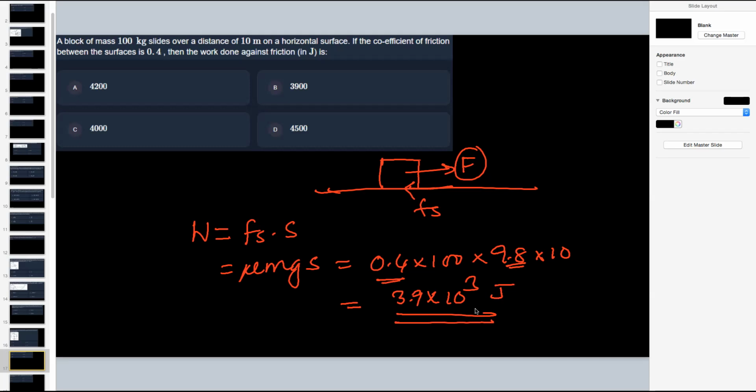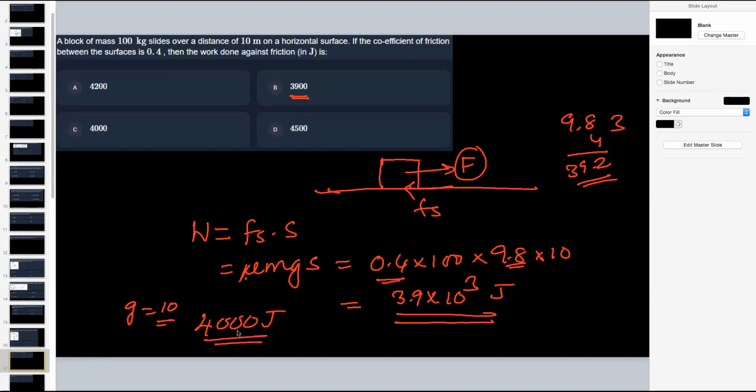Suppose I take the value of g as 9.8, you get approximately 3,920 joules. Suppose we take the value of g equal to 10, then what do we get? In mu mgs, you substitute 10, we get 4,000.